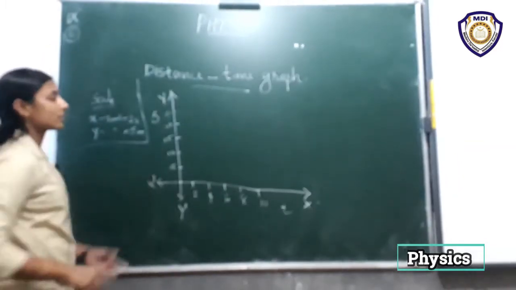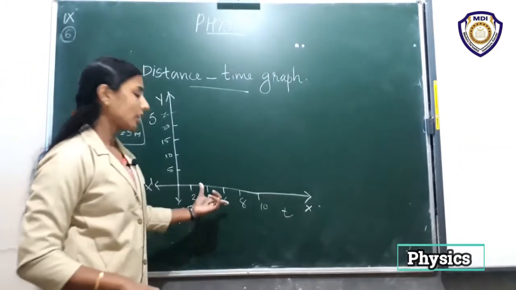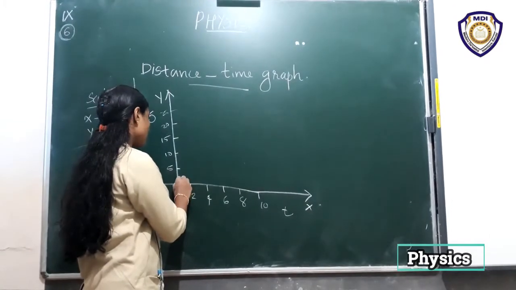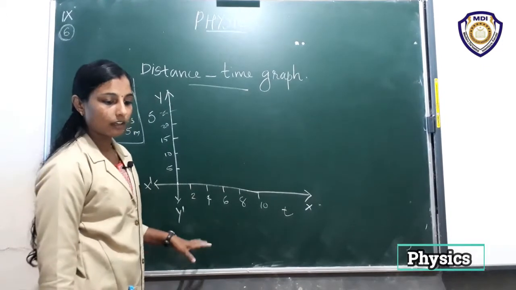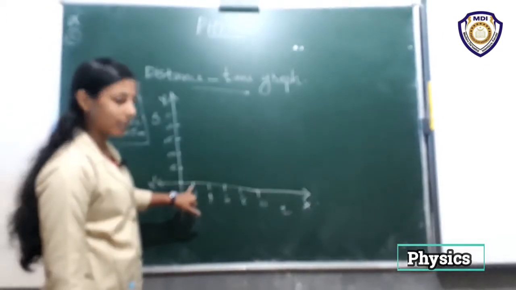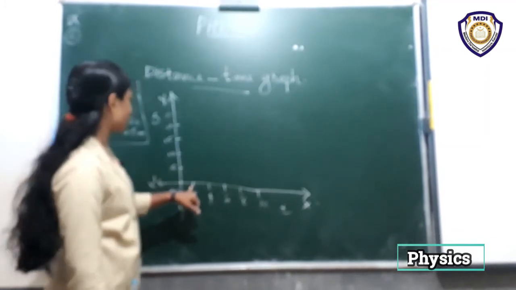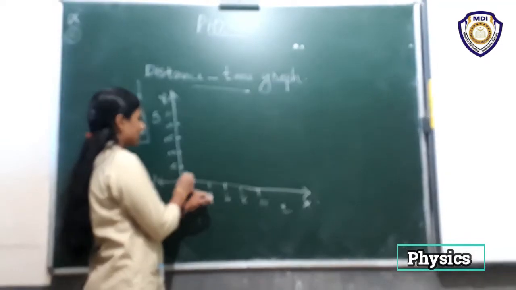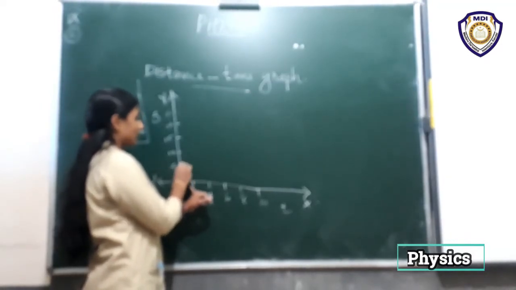You should remember what is scale, right? So here in 0 seconds the position is here, and then after 2 seconds, the distance is somewhat here. In your graph paper there are 1, 2, 3, 4, 5, 6, 7, 8, 9, 10 lines.